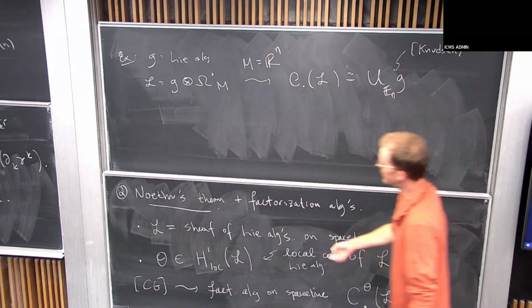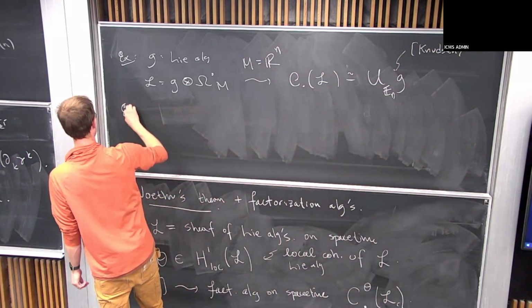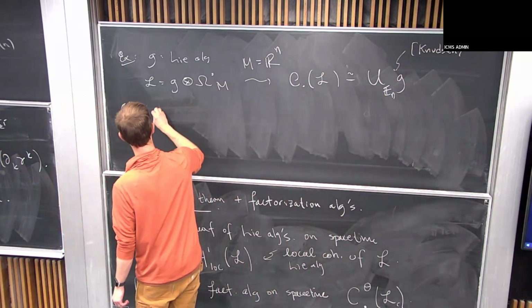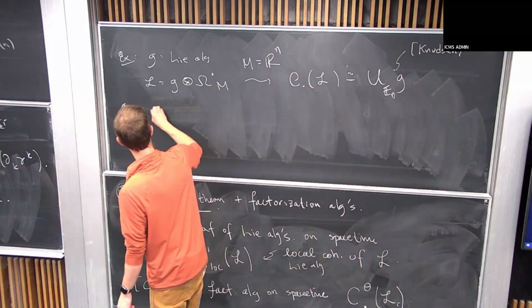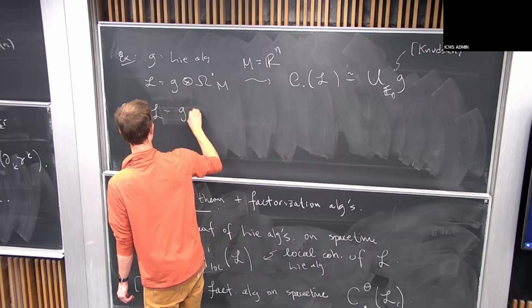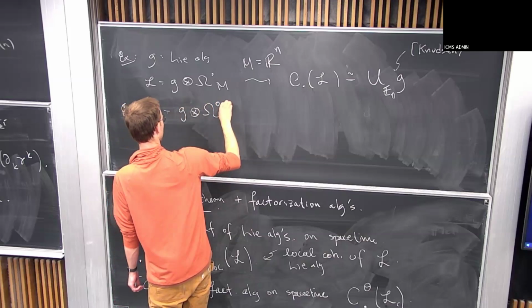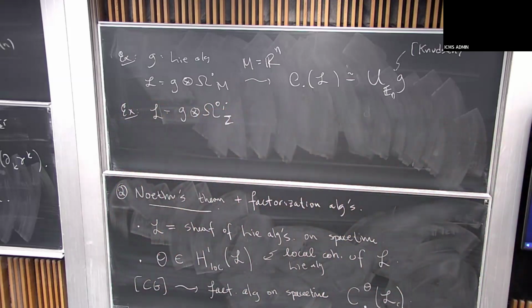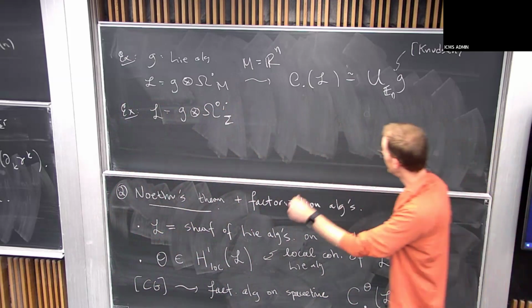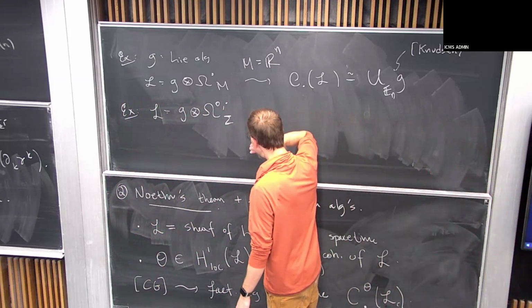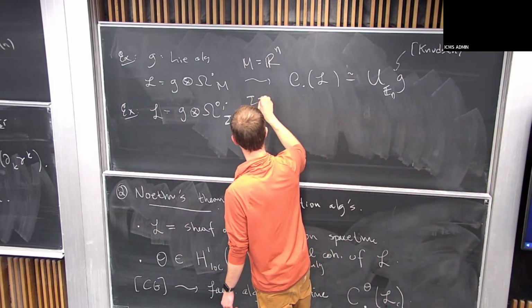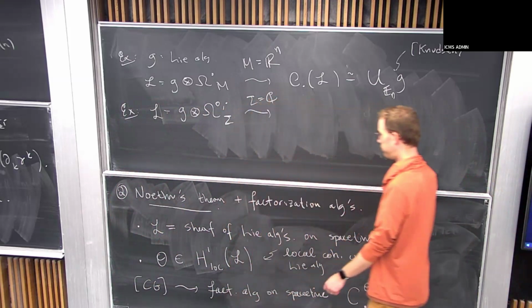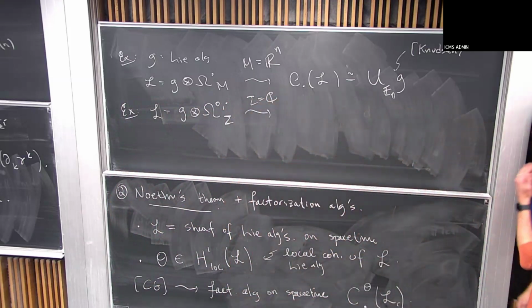Here's another example, less topological in flavor, more in the direction of this work. I could look at L, which is G tensored with the Dolbeault complex on a Riemann surface Sigma. That's very similar to the style that we're studying here. And when Sigma is the very basic Riemann surface called C, this is now a factorization algebra.